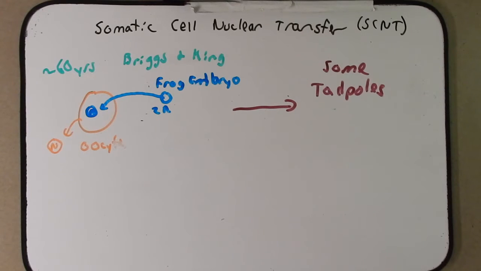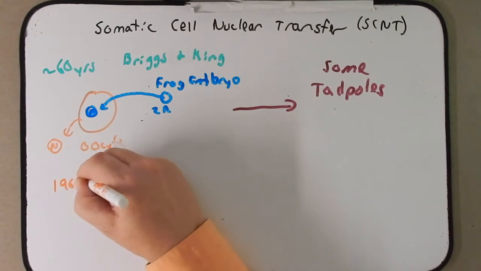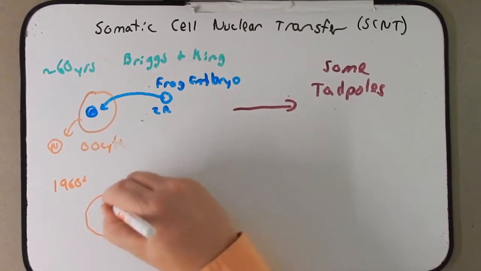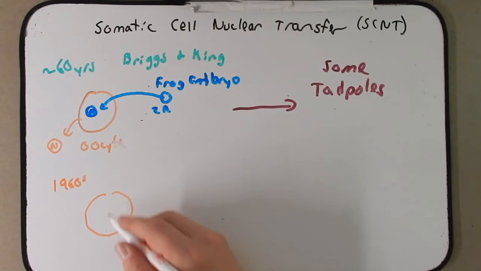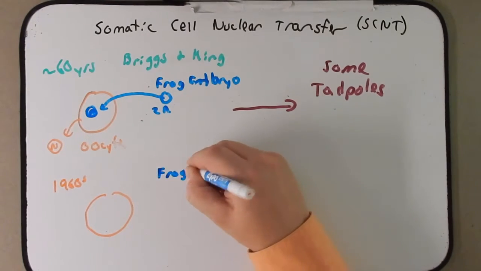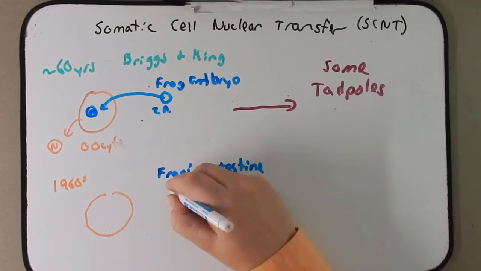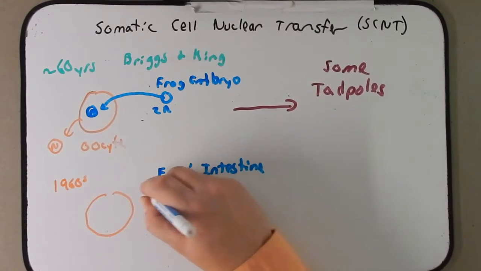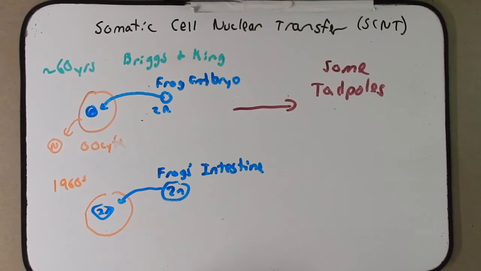Somebody else, in the 1960s, took a frog oocyte, removed the nucleus, and then took a cell from a frog's intestine, removed that nucleus, and placed it into the oocyte.